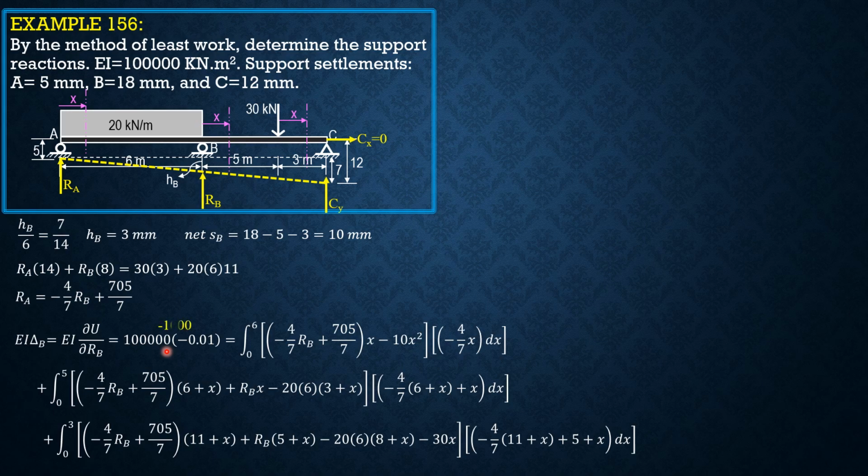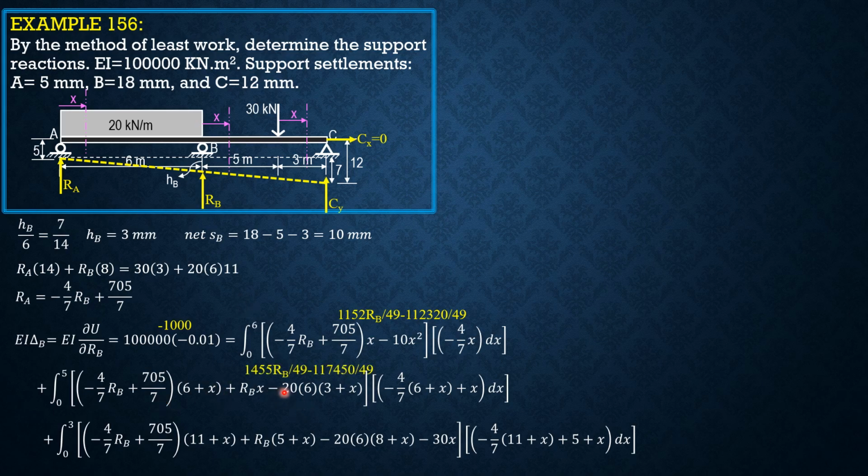The value of the first integral, RB first, then the constant. By the way, this is negative 1000. The value of the integral here is RB and the constant only: 1152 over 49 RB minus 112320 over 49. For the second integral, with respect to RB, use the integral of this squared dx, 0 to 5, then the constant.